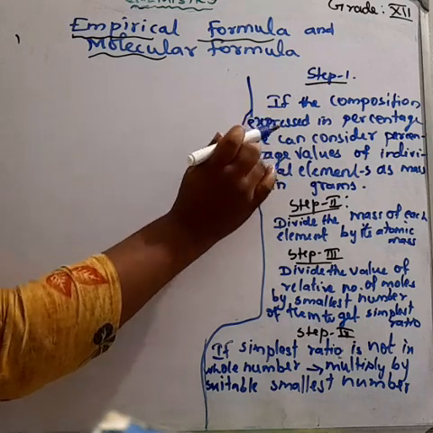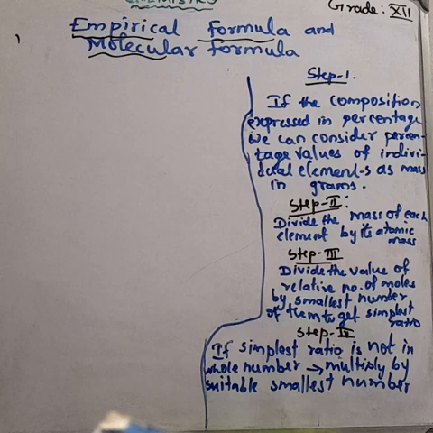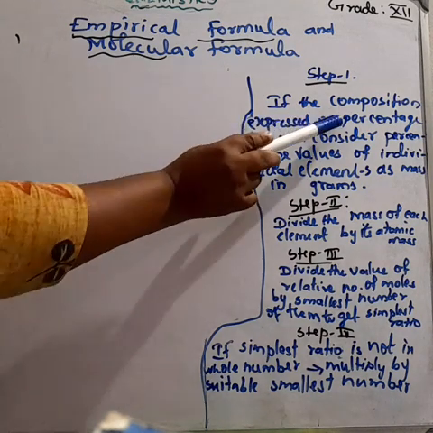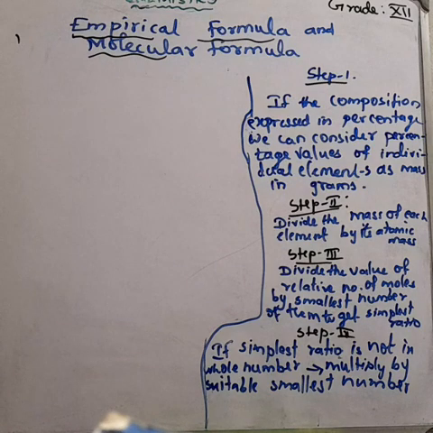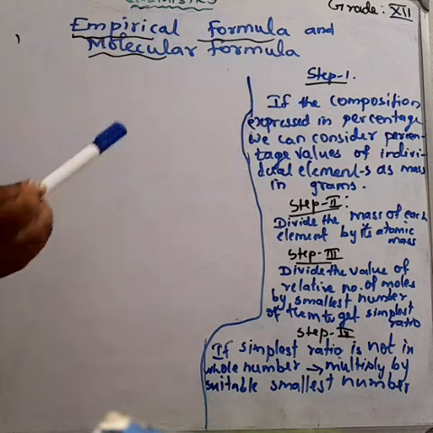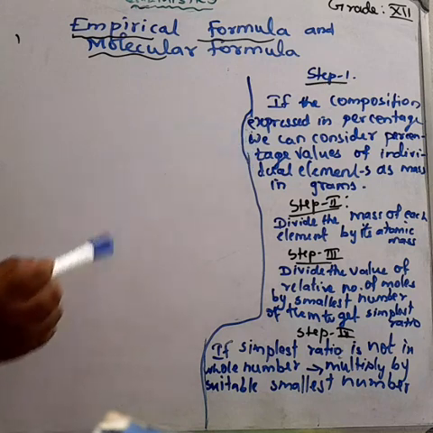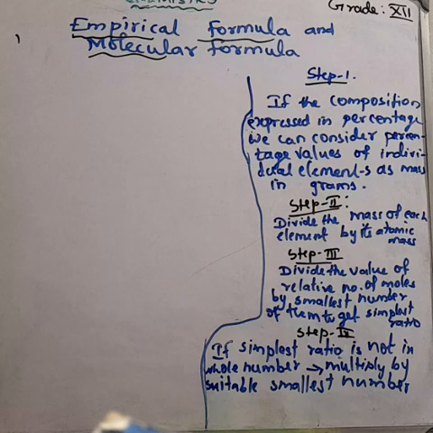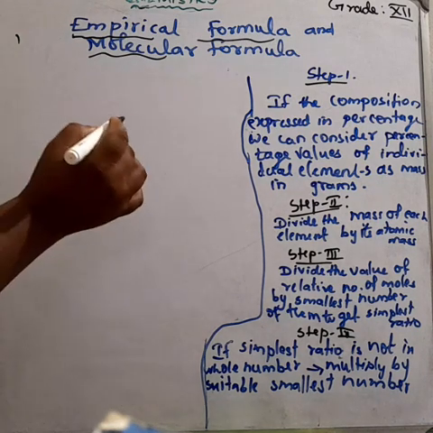Since the composition is expressed in percentage, we can consider the total mass of the compound as 100 gram. This is step 1.